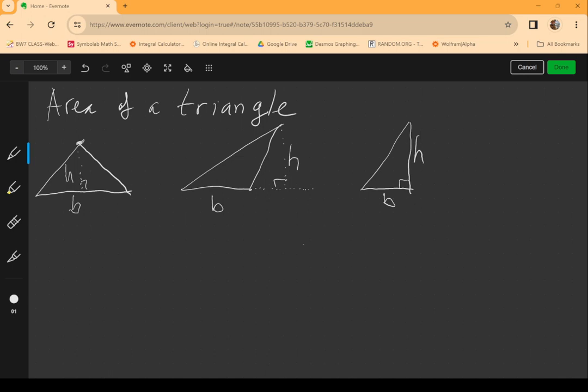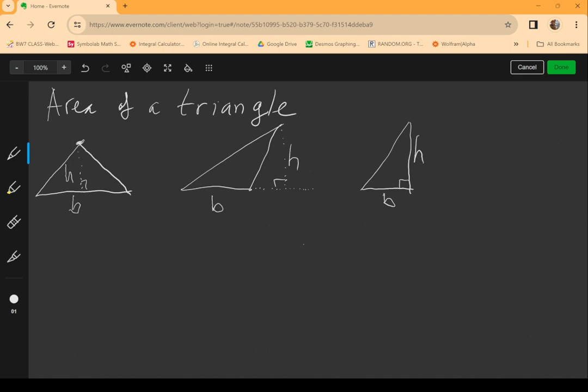Okay, so we want to derive a formula here. Now, it doesn't really matter which one of these three types of shapes we have, or if we generate any other type of shape here. They're all going to have the same formula for the area.